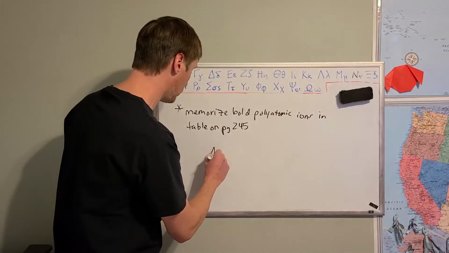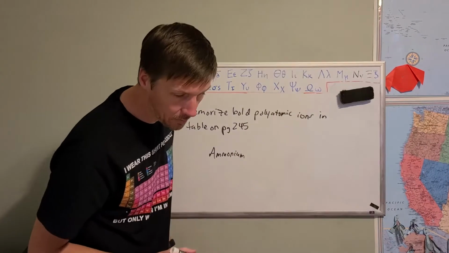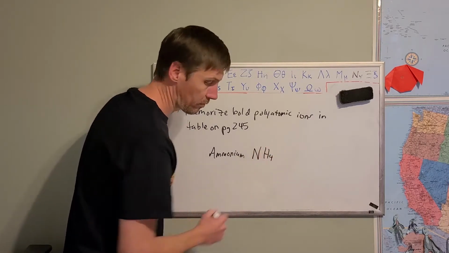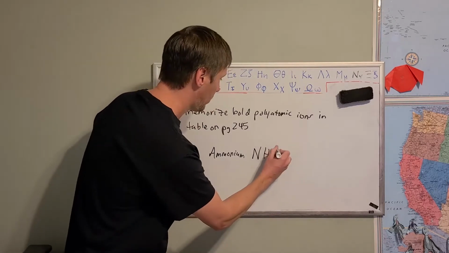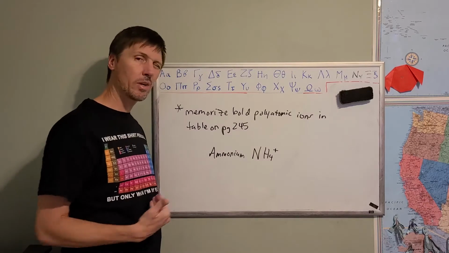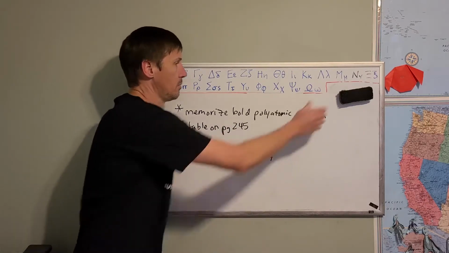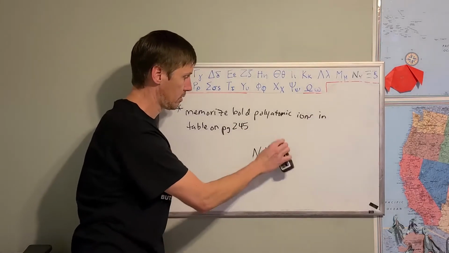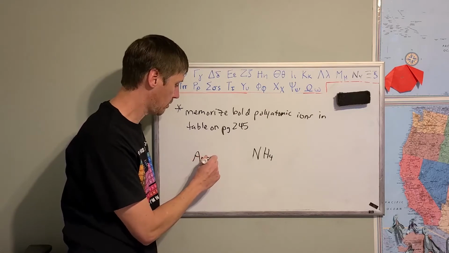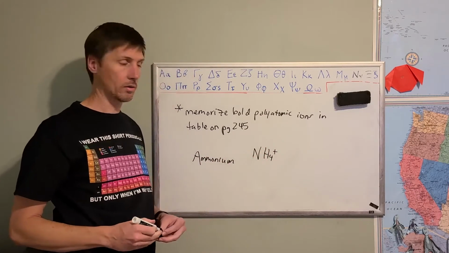Well, I want you to memorize ammonium, and then know that its chemical formula is NH4+, right? So if I were to give you a table and say, fill in the blank of any missing items here, maybe I were to give you this, and I've left off the charge, you should be able to write in the table ammonium, and then it's got a +1 charge, okay?